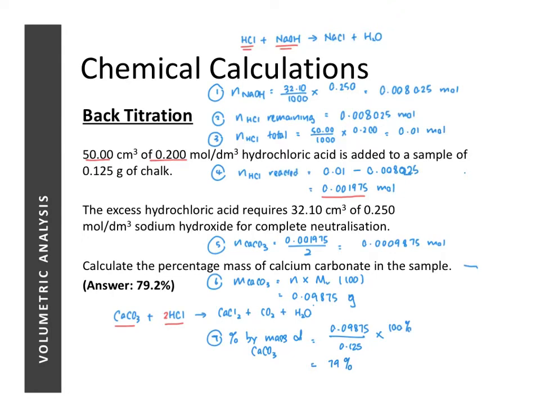Then we react the remaining B with a third reagent, reagent C. So from the amount of C reacted, we know how much B was remaining, and from the total amount of B added, we know how much actually reacted with A, and from there we will know how much A is present. So this is the concept of a back or indirect titration.